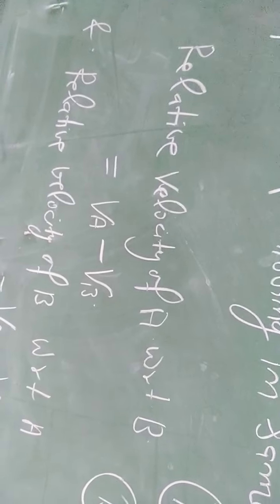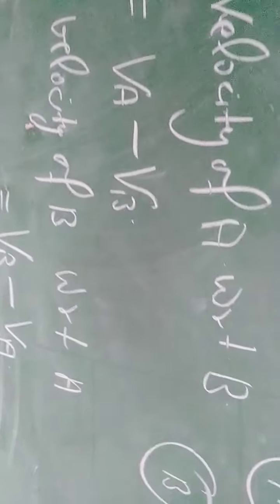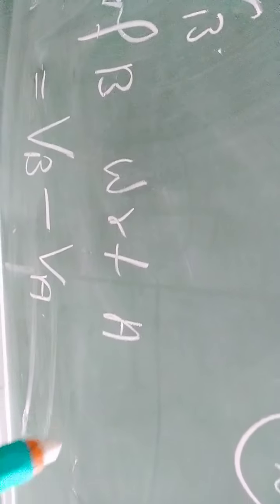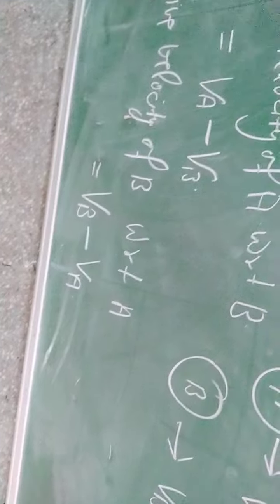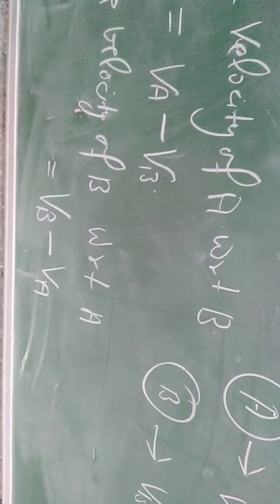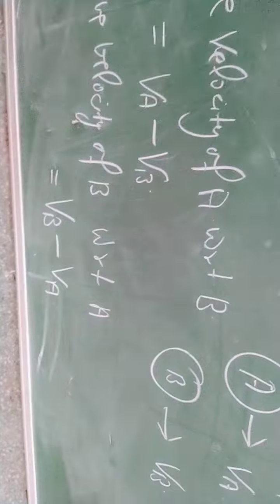And the relative velocity of B with respect to A is Vb minus Va. So we should take care about which one is subtracted.